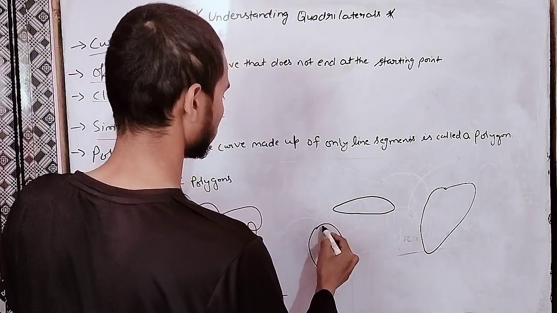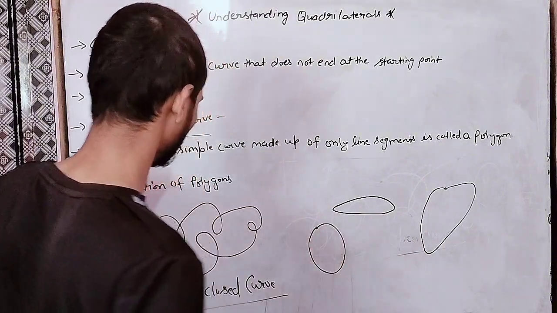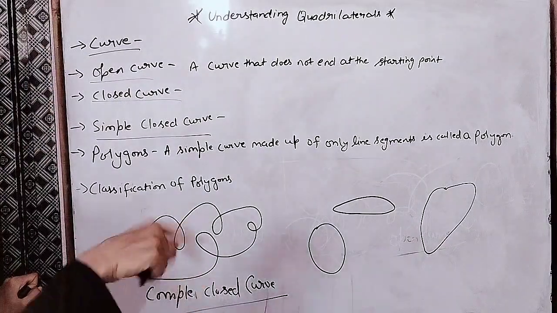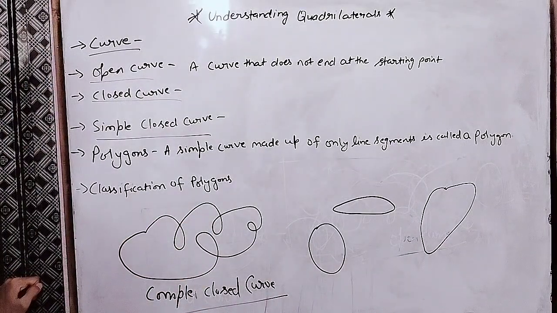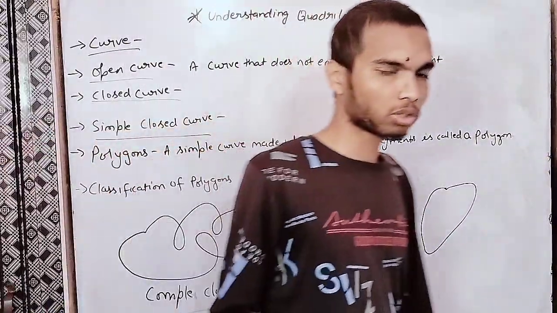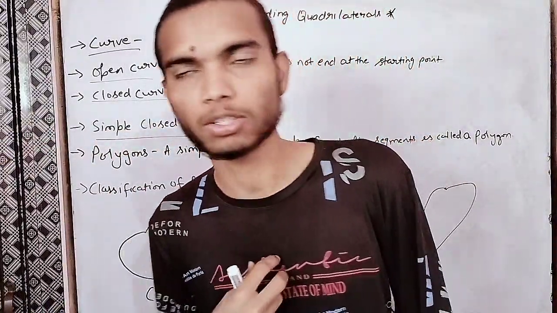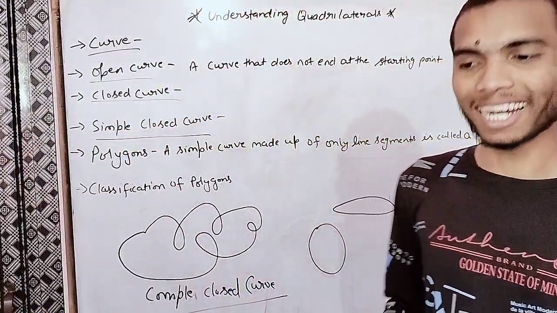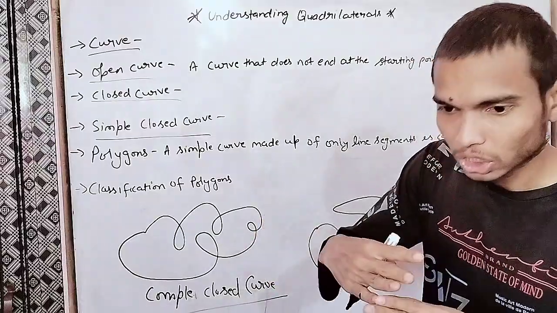Otherwise, this is a simple closed curve. Here, let's try to understand through definition about the simple closed curve. A complicated closed curve says to us that it will intersect.